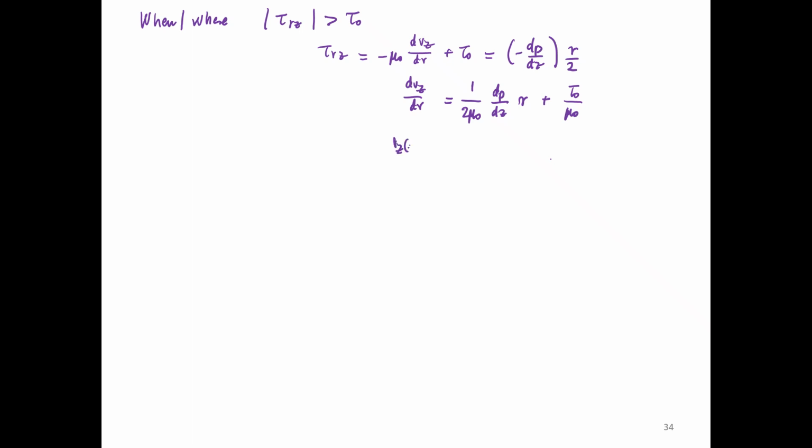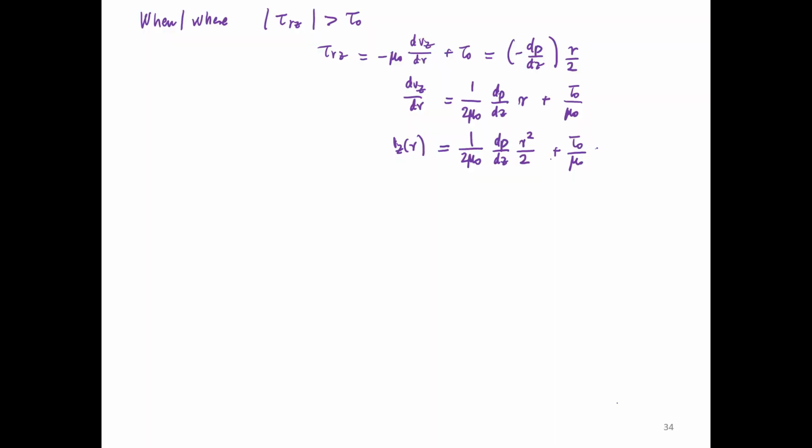So my Vz of r is equal to 1 over 2 mu 0 dp dz r squared over 2 when I integrate, plus tau 0 over mu 0 r, plus, what do you want to call the constant?